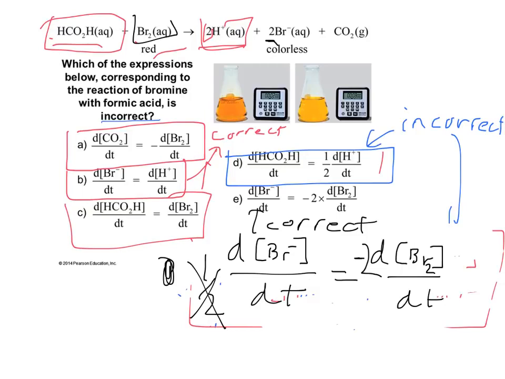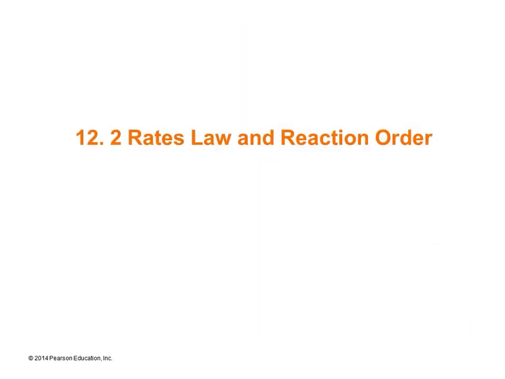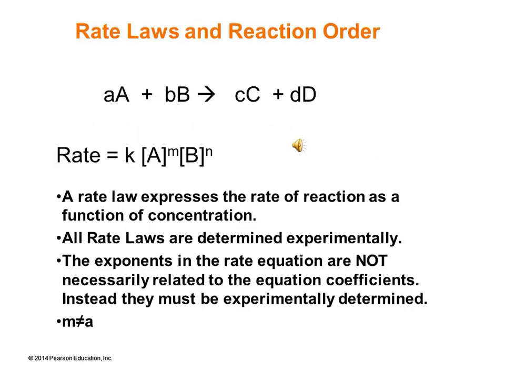W-A-L-L-Y W-E-S-T. Wally West. Now we said that rate of reaction varies with time and concentration. What we're going to do now is relate the rate of reaction to concentration. One way we can do this is to write a rate equation. This is a rate equation, also known as a rate law.